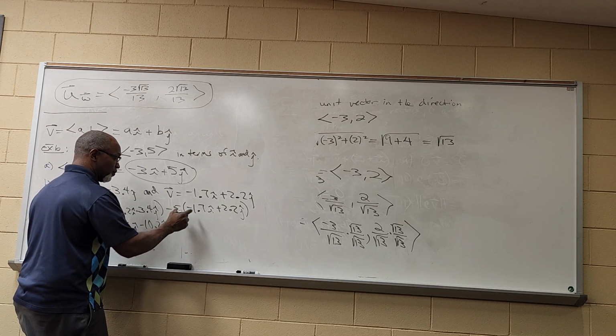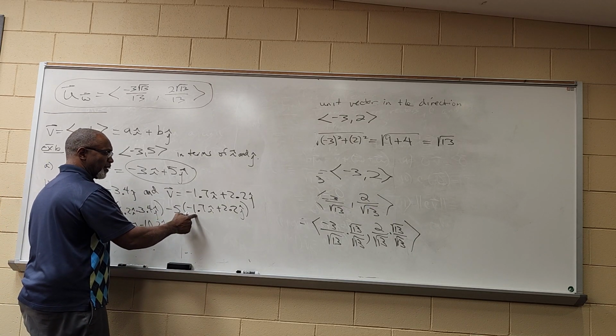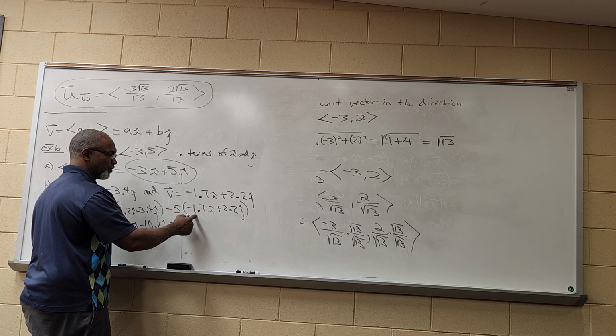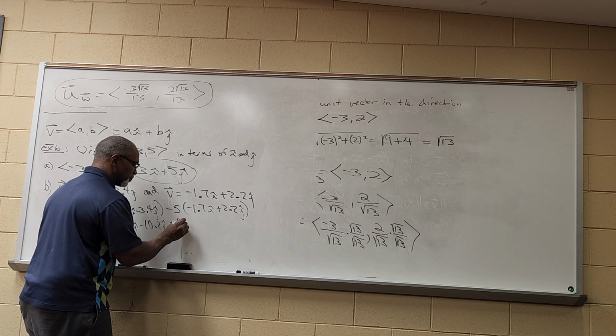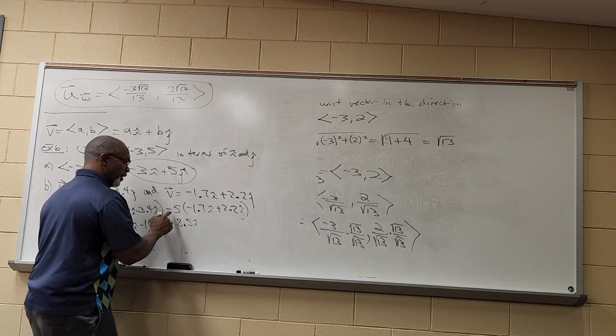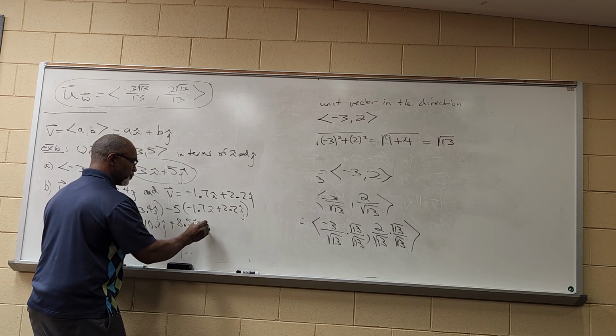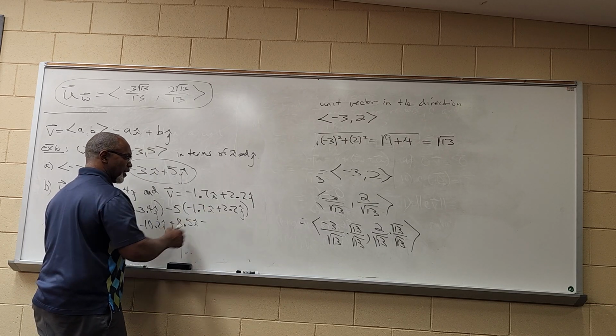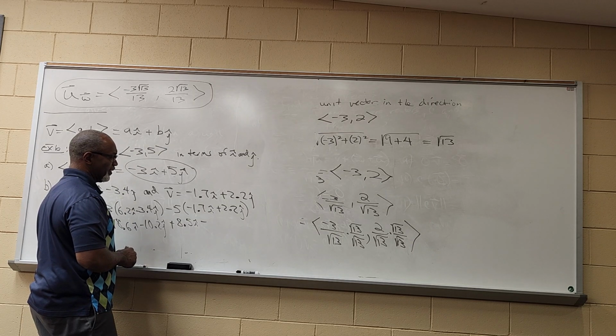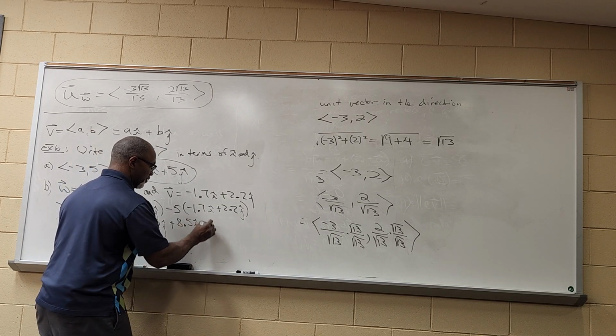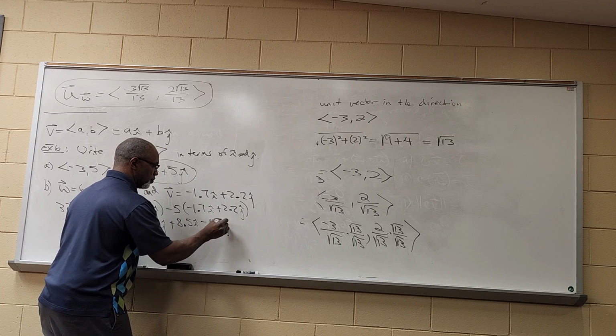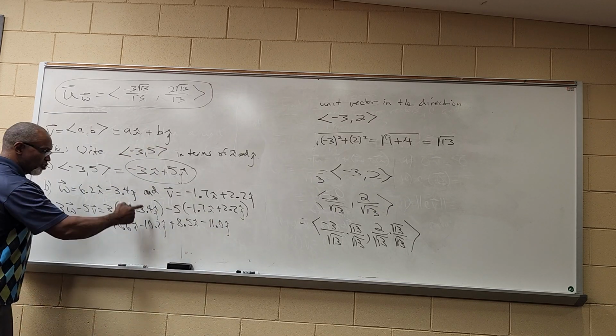Negative 5 times negative 1.7 makes a positive 8.5. And then negative 5 times 2.2 makes a negative, so that's minus 11. So I just distributed those scalars.